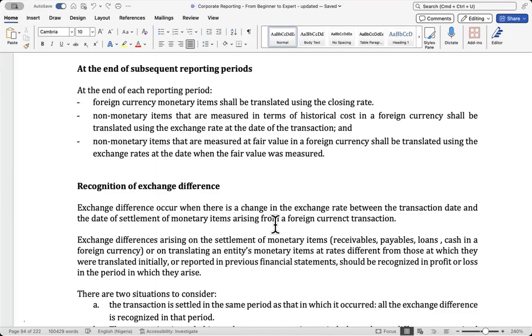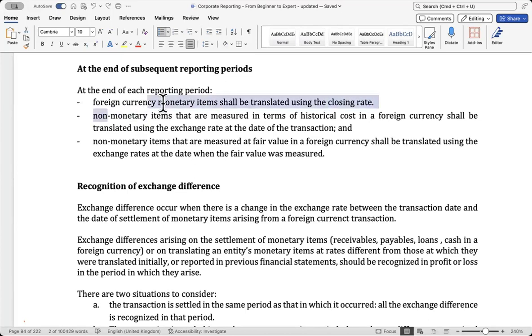Because you need to present your accounts and you have consummated some transactions in dollars and you are still owing like $20,000 at the end of the year. So how do you then translate that into Naira? Foreign currency monetary items shall be translated using the closing rate.